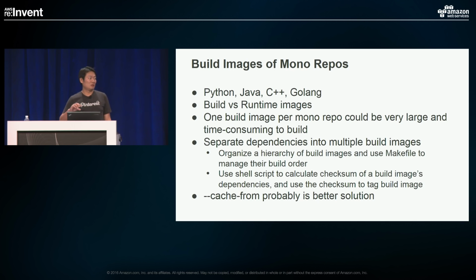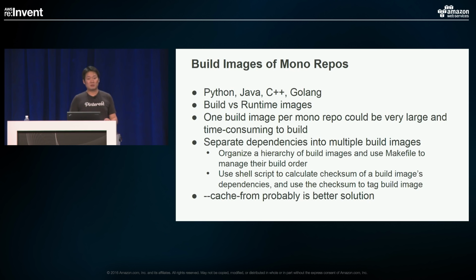So we have a script to calculate the checksum, and only when the checksum changes will it pull or build the image locally. In that way, we reduced the build time for most of them to 3 minutes. So it's okay for developers now, and we are looking forward to another feature offered by Docker 1.13, an option called cache-from.